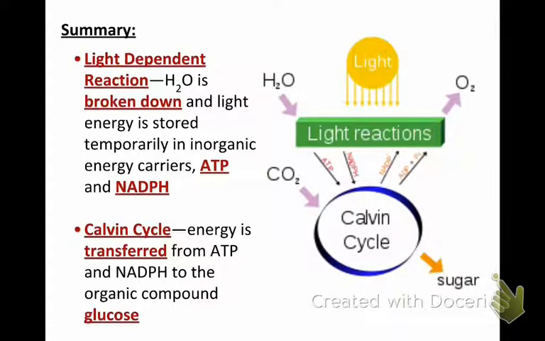I'm not as worried if you don't know the NADPH stuff. It's not really on the test, so you don't need to worry about this. But I want you to know that with light and water, the energy in the light is stored as ATP. Second step, Calvin cycle. The energy is transferred from the ATP to the organic compound glucose.